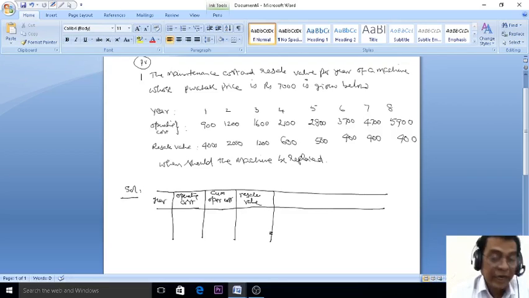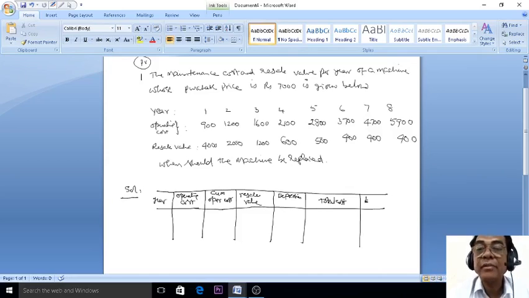The next one, depreciation. The next one is total cost. The last one is average cost per annum.